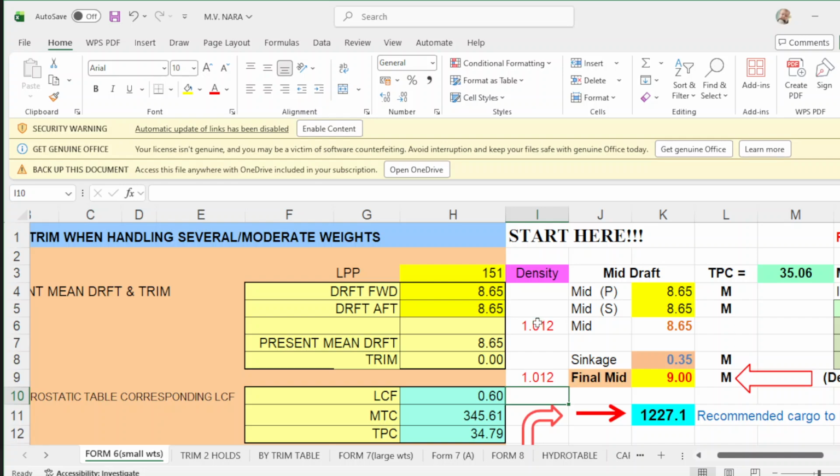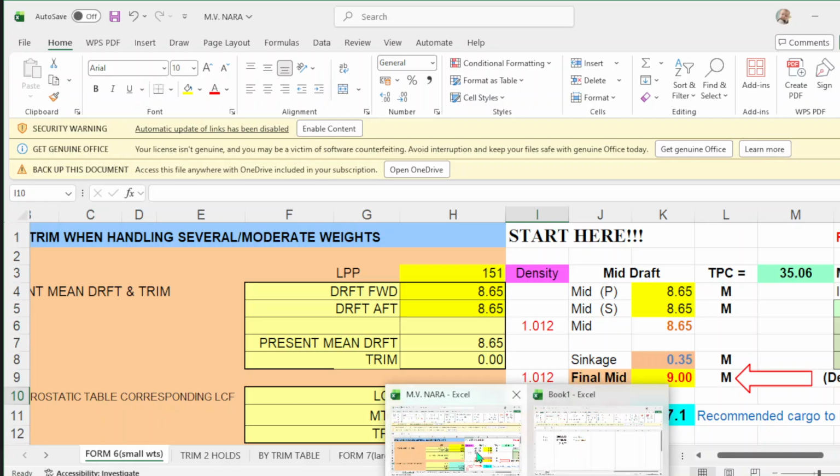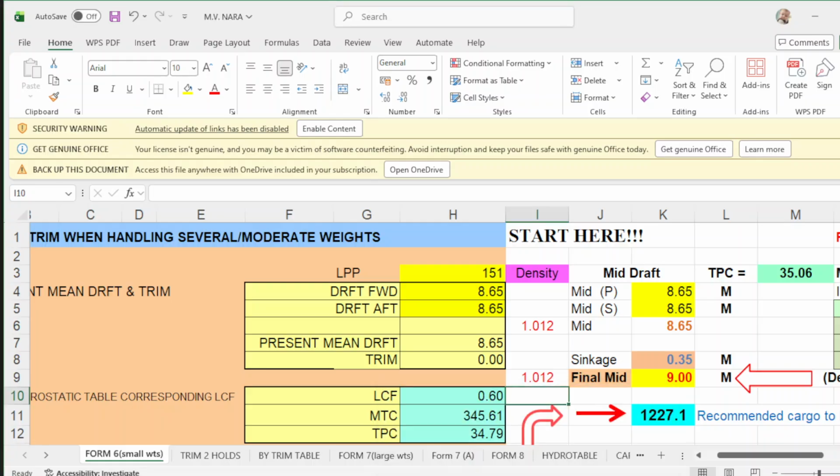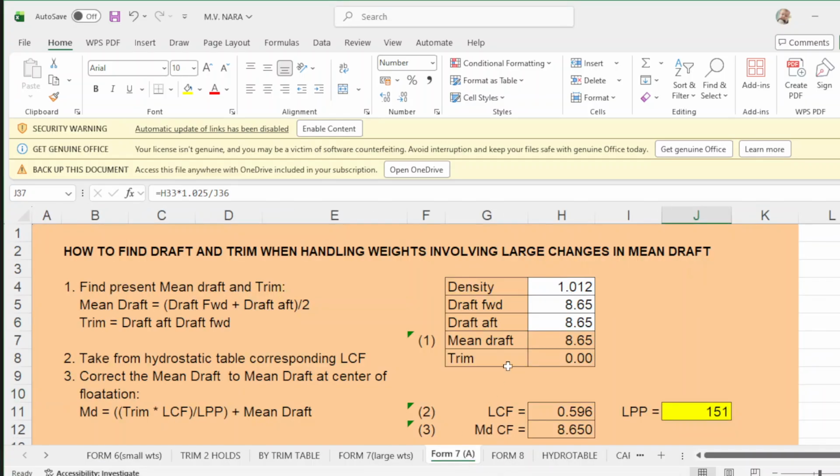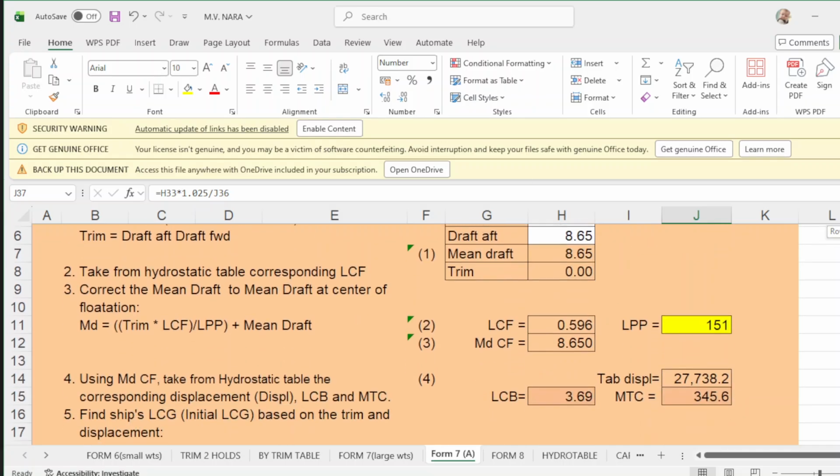So what is the displacement? With this density of 1.012, your forward and aft draft is 8.65, and your displacement should be 27386.